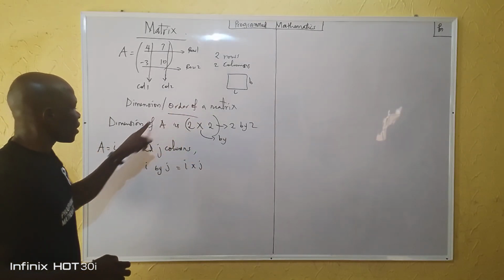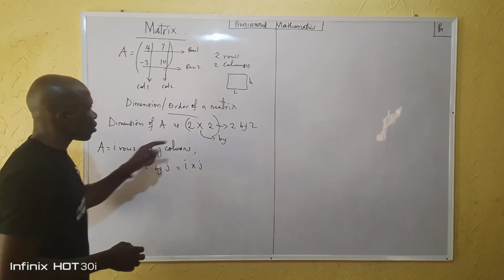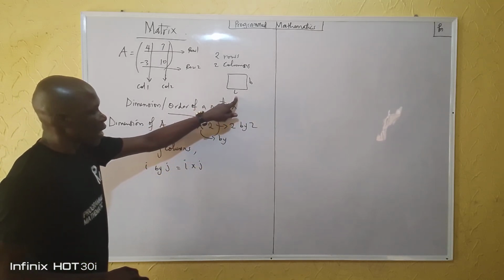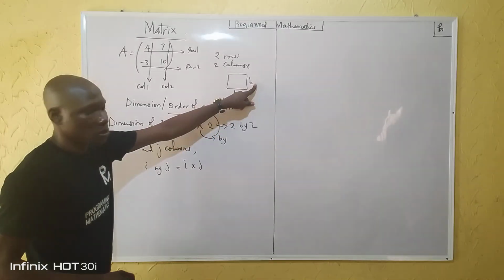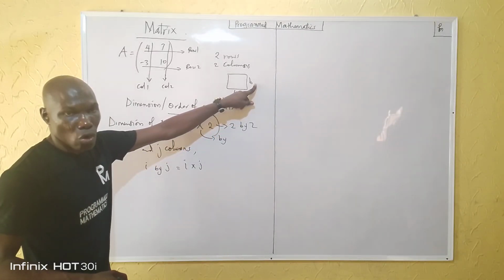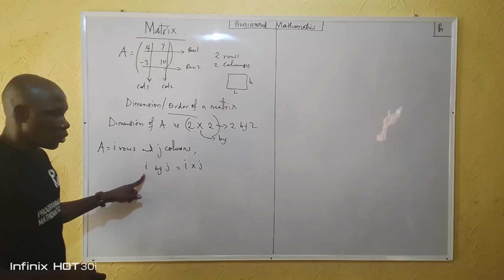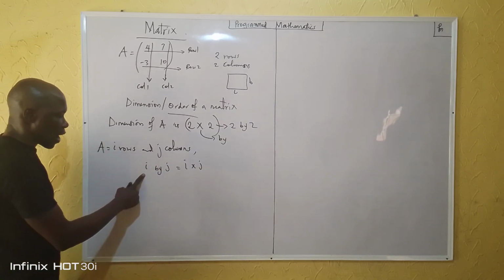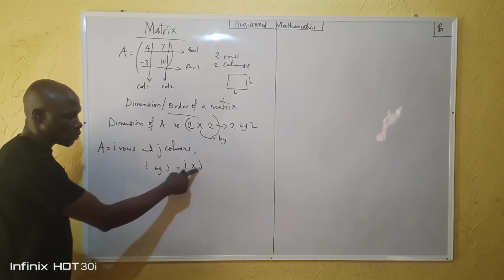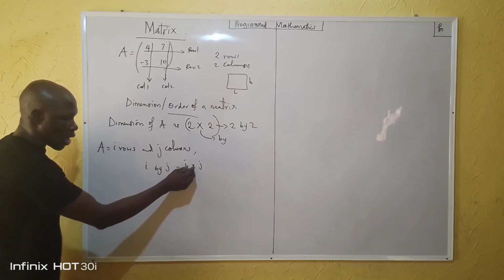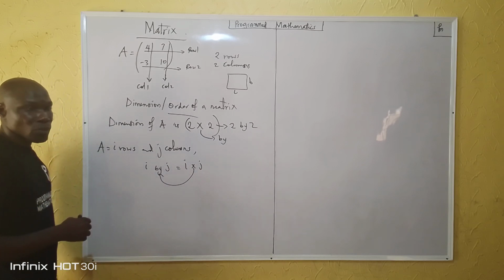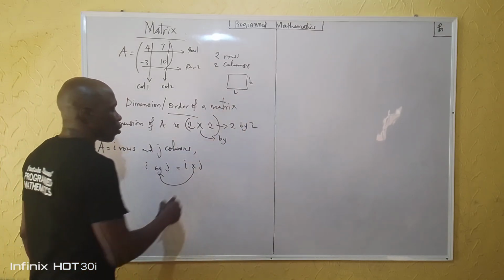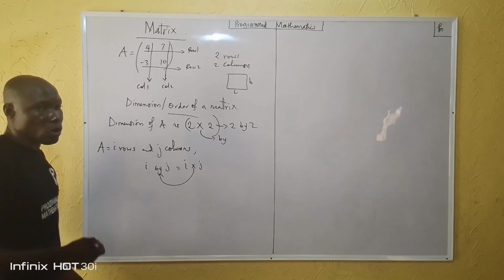So when you say the dimension of matrix A, we have it to be the length, that's the row, by the breadth, which is the column. So the dimension of matrix A having i rows and j columns is i by j, or i times j, but this is read as "by". If the matrix has the same number of rows and columns, we can call that the order of a matrix.